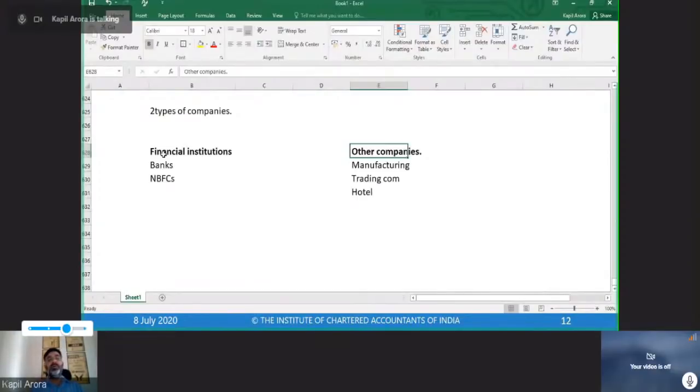Now, if I talk about the main operation of the financial institutions, what does a bank do, what is the main work of the bank? The main operation of the bank is to provide loans and to earn interest.